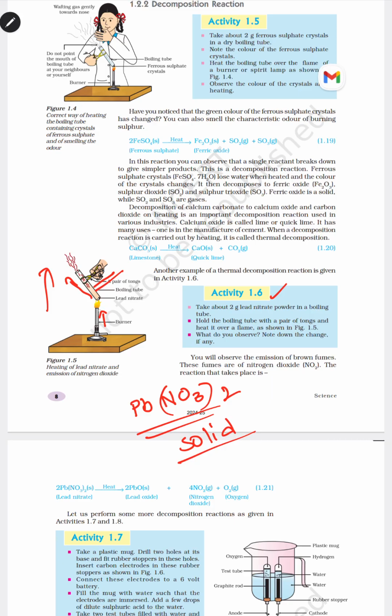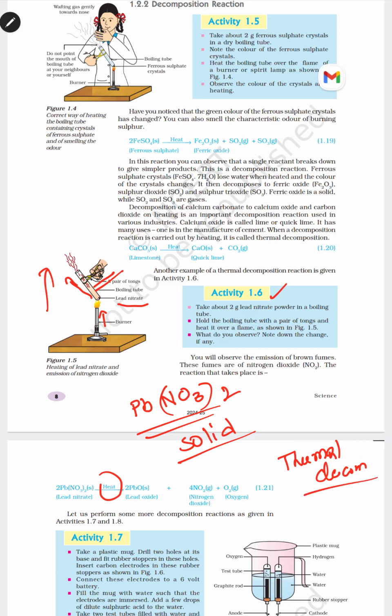Right, and you are giving the heat energy here, and what is the input here? Lead nitrate you are taking, and we are heating the lead nitrate. Then this is also which type of reaction? It is also a decomposition reaction, right? So heat is given to this one also. Just now we discussed that whenever we are giving the heat energy, it is known as thermal decomposition. So here also thermal decomposition is happening.